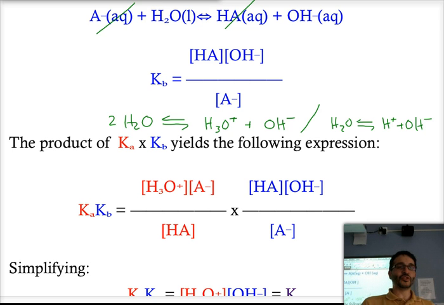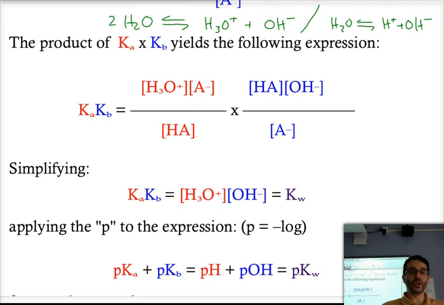So the product of Ka and Kb for a conjugate pair, an acid and its conjugate base, is going to be equal to Kw. And that we can see over here. Again, we can see how those values cancel.